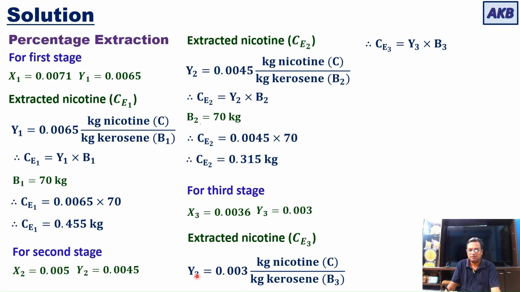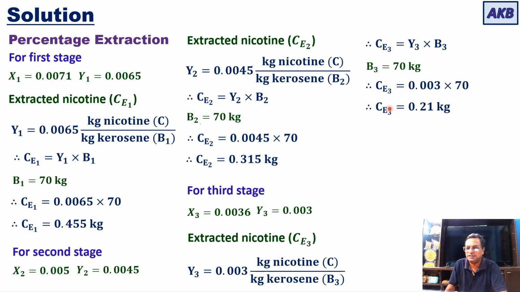So if I multiply Y3 with B3, I will be getting kg nicotine in the extract that is obtained from the third stage. So Ce3 is equal to Y3 into B3. B3 is 70 kg, therefore Ce3 will be equal to 0.003 into 70. That gives me Ce3 as 0.21 kg.